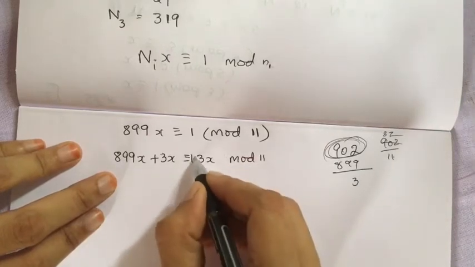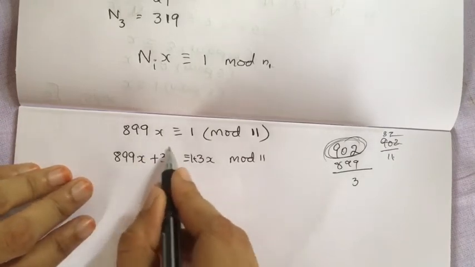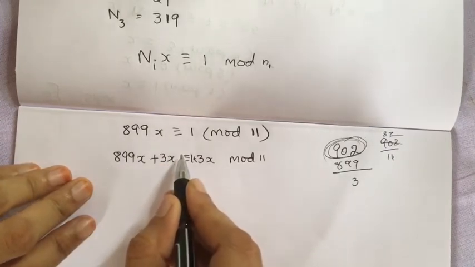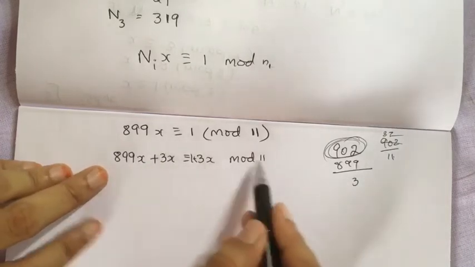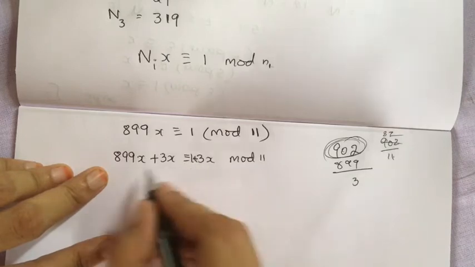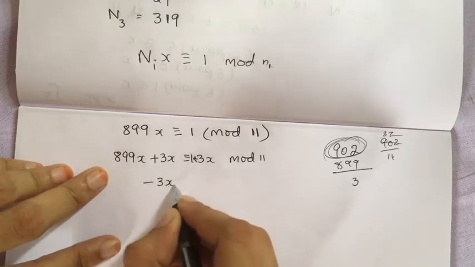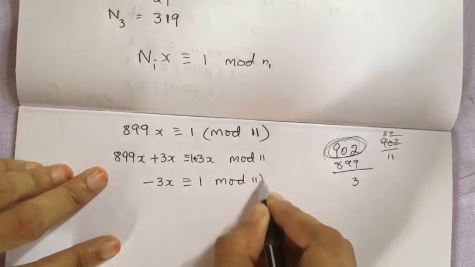Now this is congruent to 0 mod 11. Therefore I can write this as minus 3x congruent to 1 mod 11.